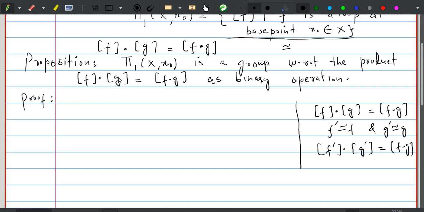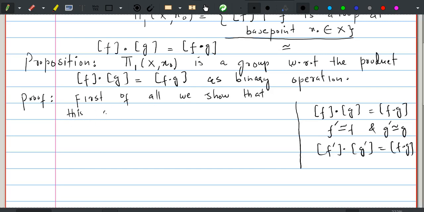First of all, we show that the group operation on π1(X, x naught) is well defined.